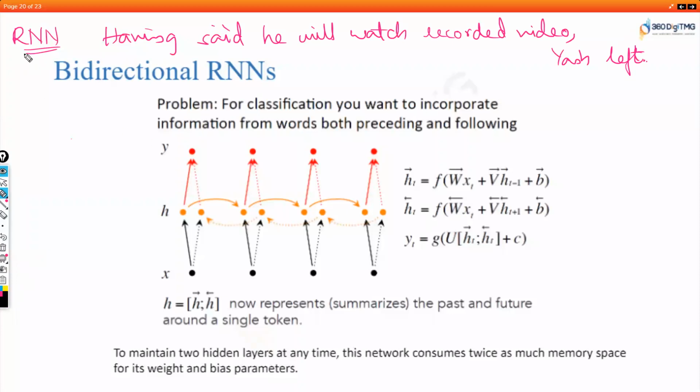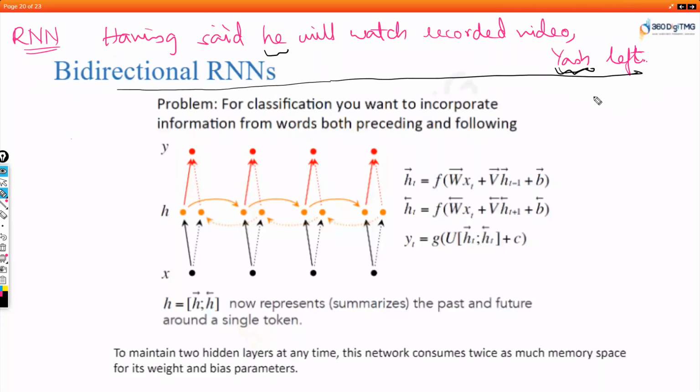If your RNN traverses this in this direction, having said he will, now it doesn't recognize that he is Yash because it didn't encounter the word Yash yet. So having said he will watch recorded video, Yash left. Since it's traversing in this way, it will recognize this Yash is a different person. It cannot correlate.